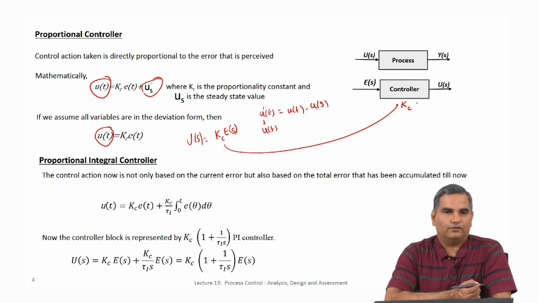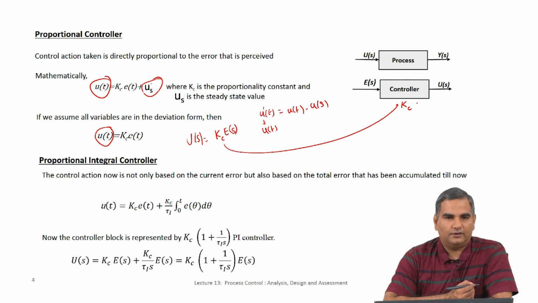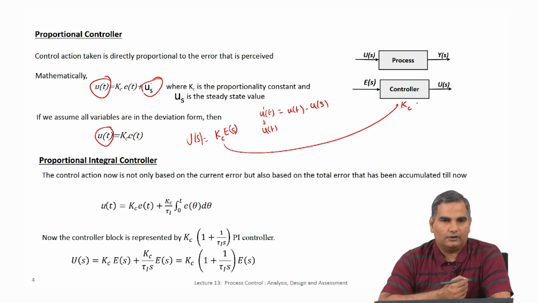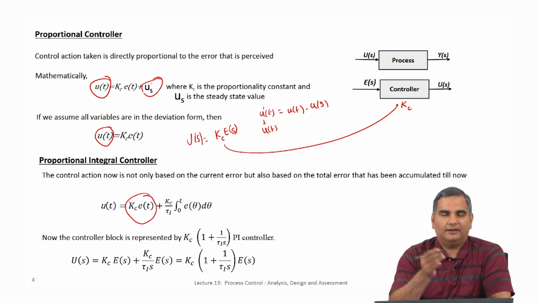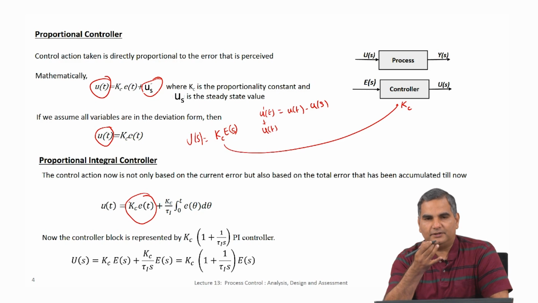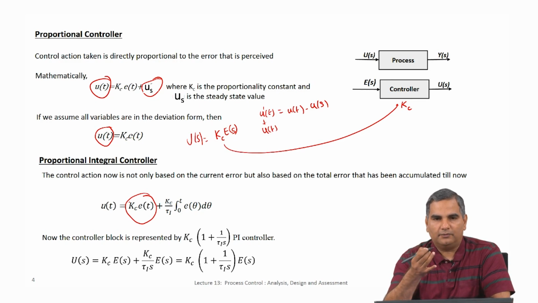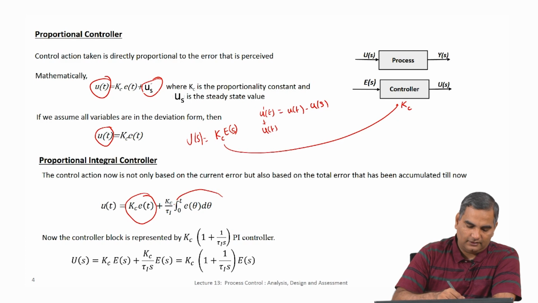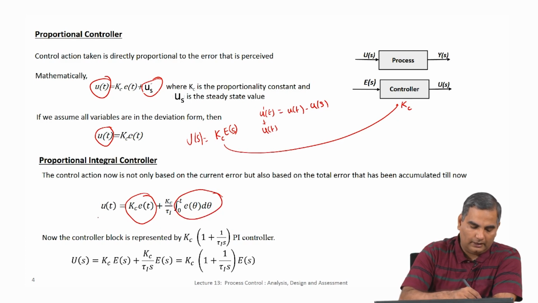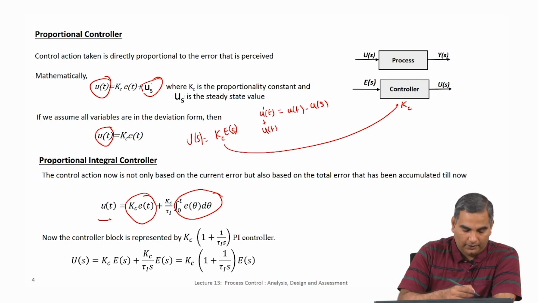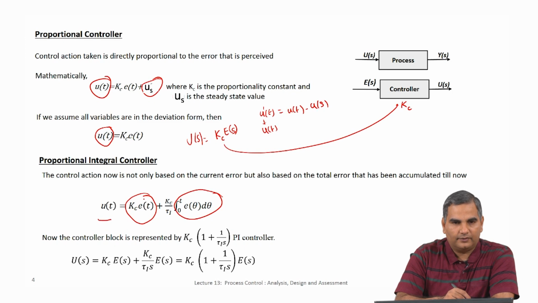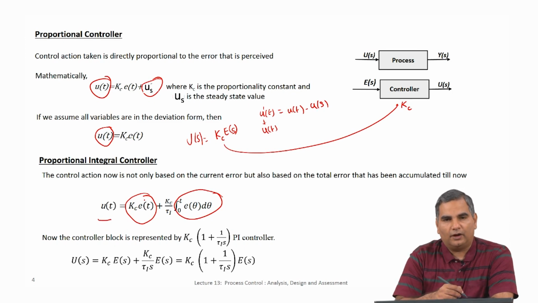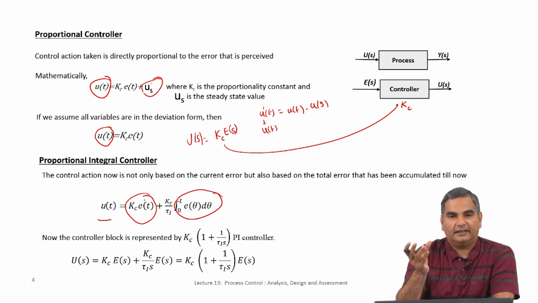Now, a slightly more sophisticated way of thinking about this would be to say, look, I want to take a control action not just based on the current error that I have, but I have seen errors before. So, that information is useful. So, what I am going to do is integrate all the errors that I have seen till now, and write my manipulated variable as proportional not only to the error that I see currently, but also to the integrated error.